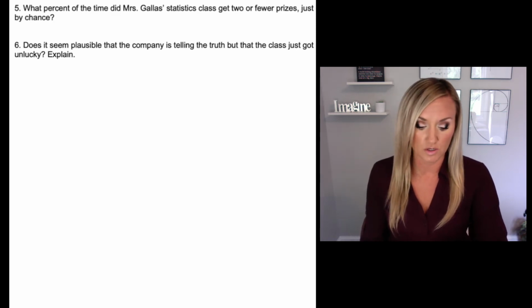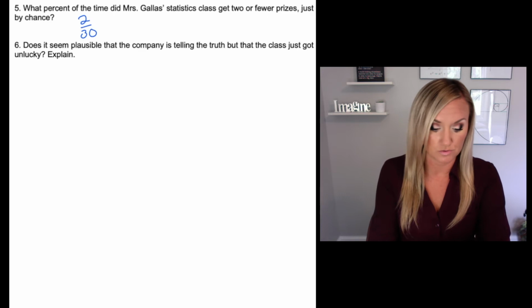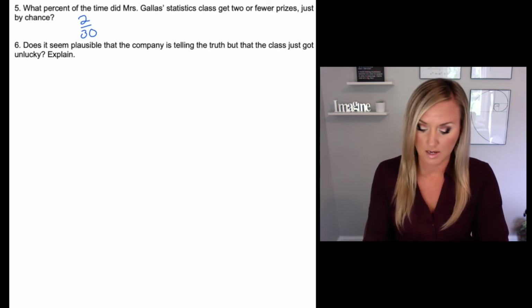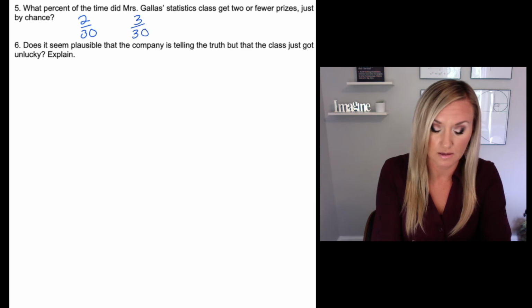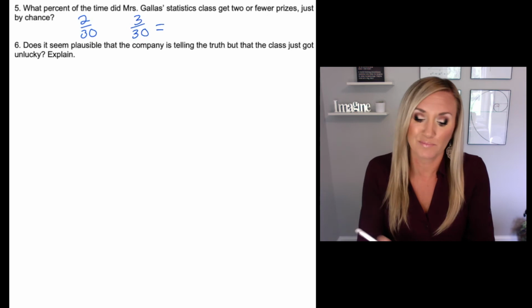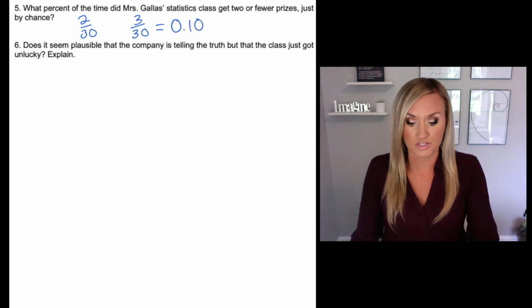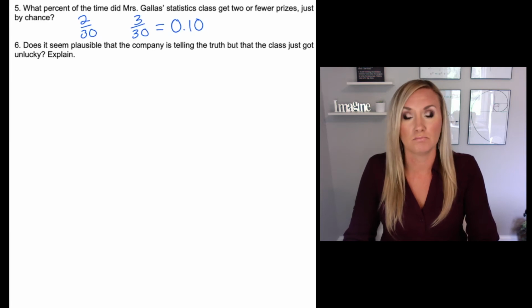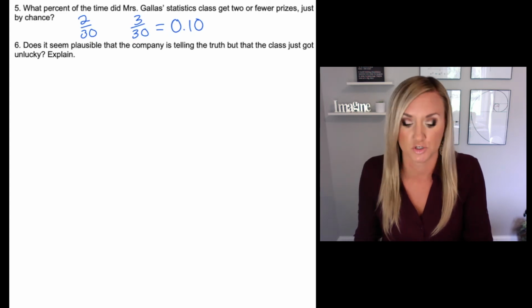If you take a look, we had 3 actually, right? We had 3 got the 2. So our class did 3 out of the 30. So our simulation was 10%, right? So if it was 10% of the time, we got a winner. But Pepsi is claiming 1 in 6, which is about 17%.